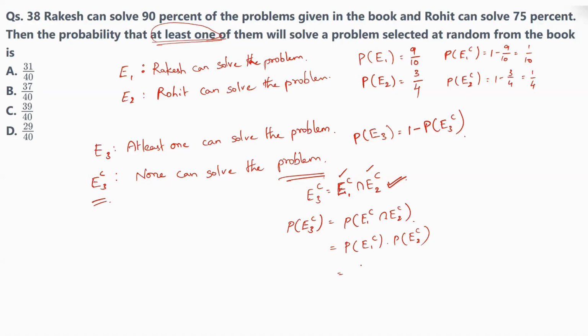Okay, so this is 1 by 10 times 1 by 4, which is 1 by 40. So probability of E3 is 1 minus probability of E3 complement. This is your solution. Anyone has a doubt?